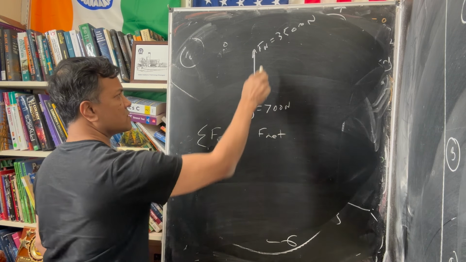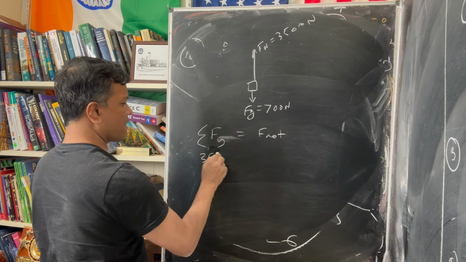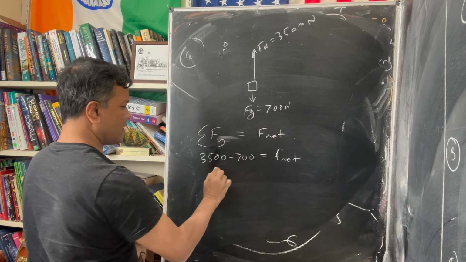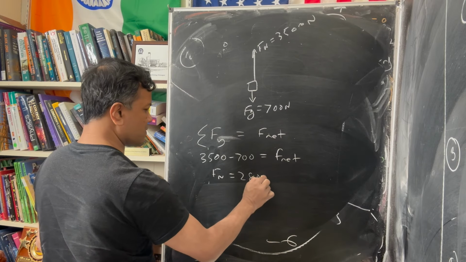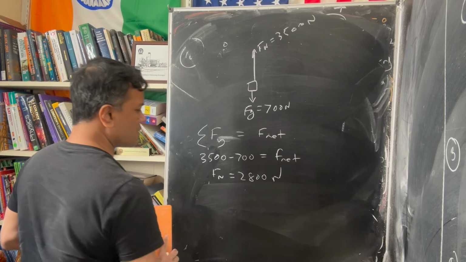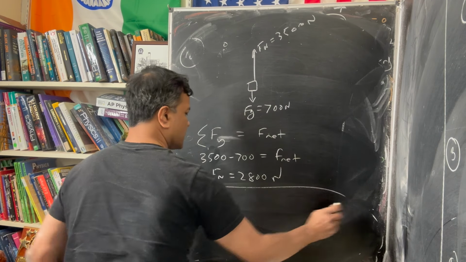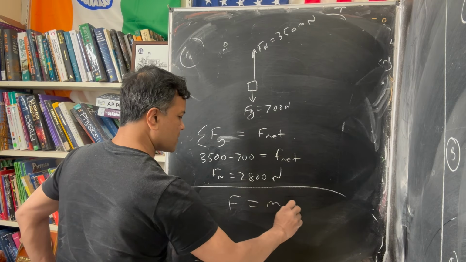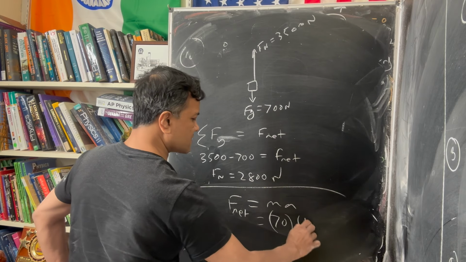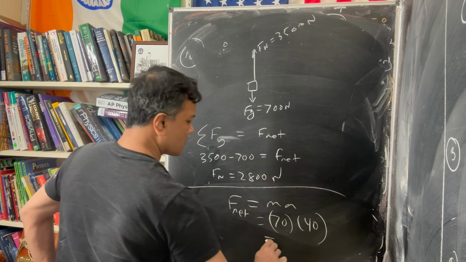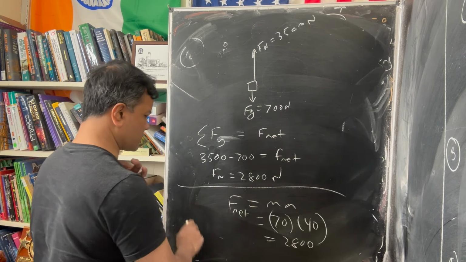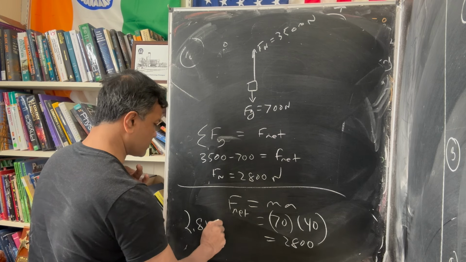So 3500 minus 700 is your F net. So F net is 2800. You could be very clever and save all the time by doing F equal ma, because by definition F net is equal to ma. 70 times acceleration is 40, so 2800. I think I asked you for 2 significant figures, so it's going to be 2.8 times 10 raised to 3 Newton.